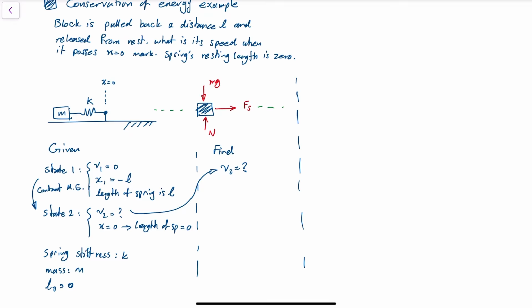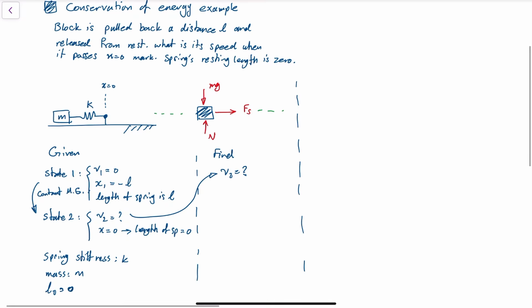So total mechanical energy is constant, meaning that your kinetic energy plus your potential energy is equal to kinetic energy and potential energy at a later state.